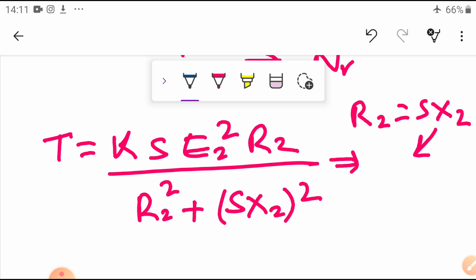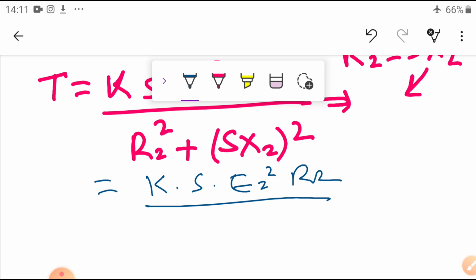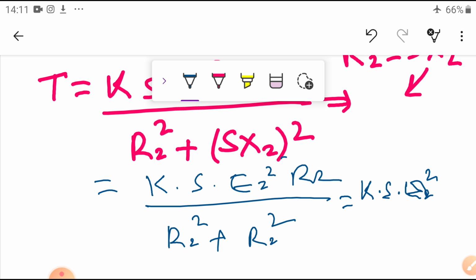Then I am going to get K S E2 whole square R2 by R2 whole square plus, here I can add the R2 whole square. Then K into S into E2 whole square R2 by 2 R2 whole square.